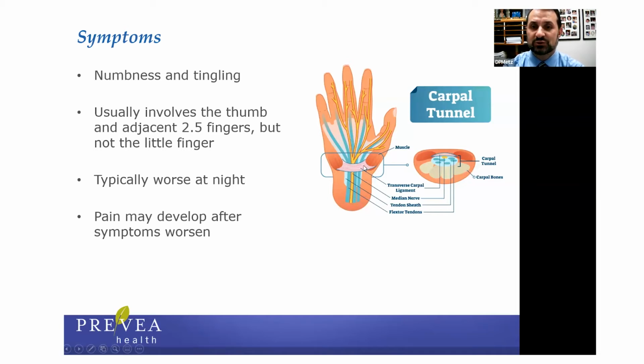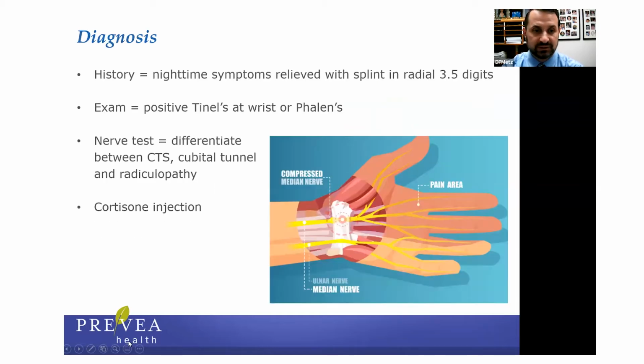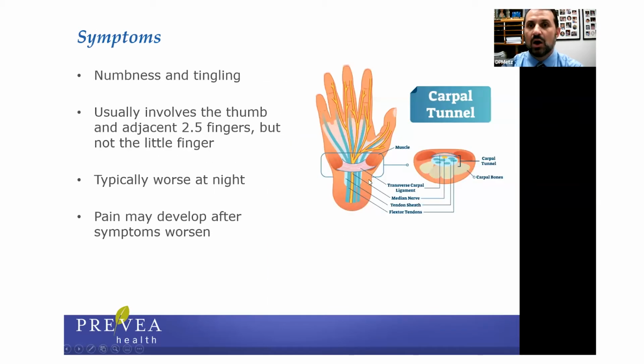The reason it gets trapped here is that God made us pretty good, but he put a ligament in the wrist, and the ligament holds all 9 tendons that let you bend your hand, along with the one nerve. If you get a lot of inflammation around those tendons, it can put inflammation around that nerve as well. So this is the tunnel we're talking about. This picture doesn't show it, but there are actually 9 tendons, not just 6, in there, plus the nerve. So it's a crowded little tunnel.